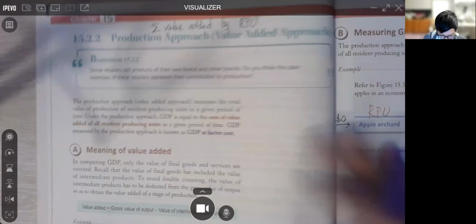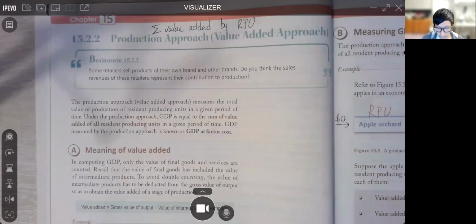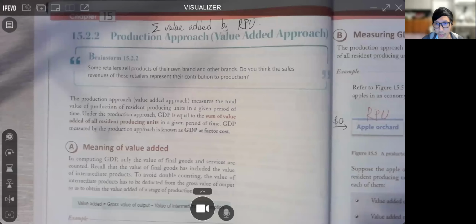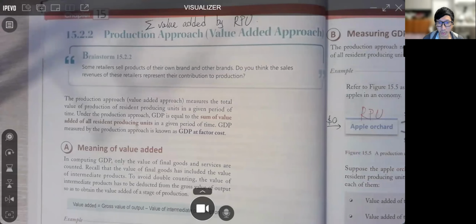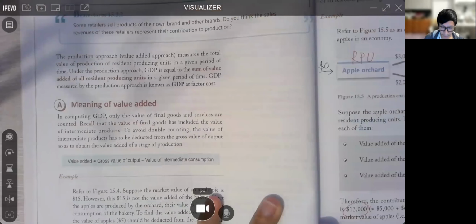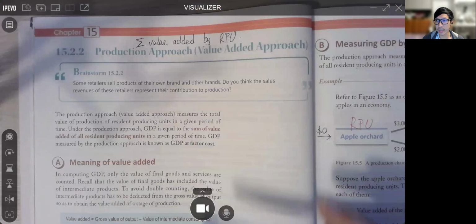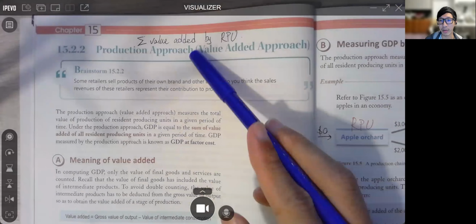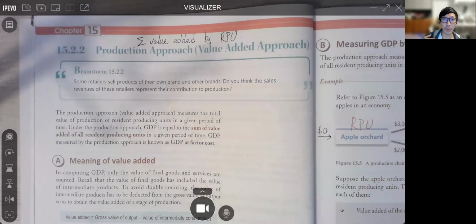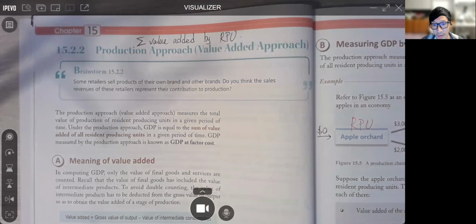Now let's go to page 8 to talk about the production approach, or sometimes we call it the value added approach. What is it? The value added approach is simply the summation of all the value added by an RPU in a current year, in a certain period of time, right?